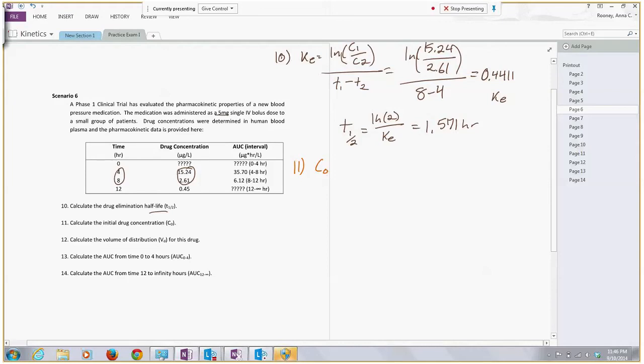The way that we're going to do this is we're going to use, I'll just erase this because I really don't want it in the way, C at a certain time is equal to the concentration 0 times e to the negative Ke T. So we have 8, and that's the one that we're going to use.